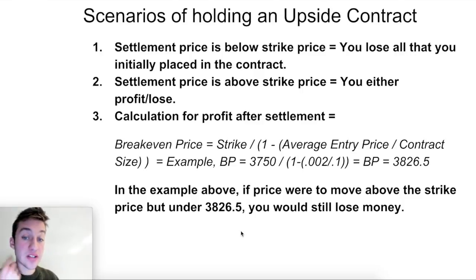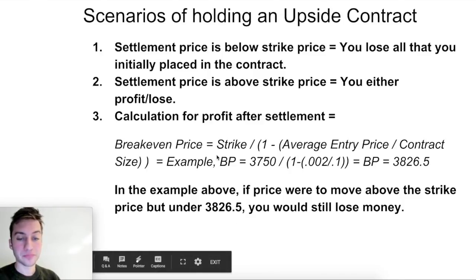Let's say settlement price is above the strike price. Great. Not exactly. It's not a guaranteed thing for you to profit, even if price goes above the strike price. So let's say in this example here, this is how we can calculate it. Imagine your strike price is $3,750.